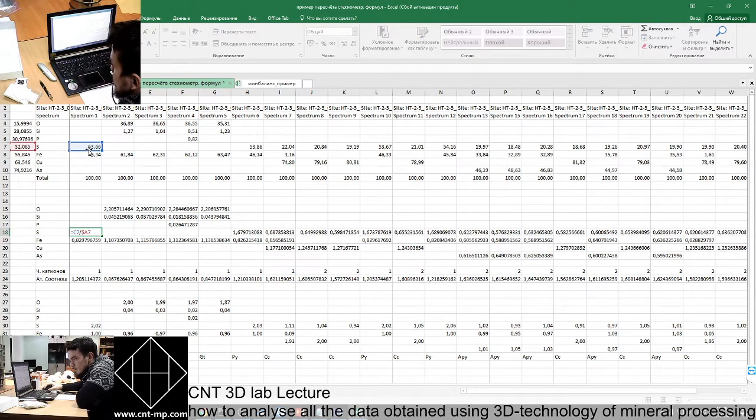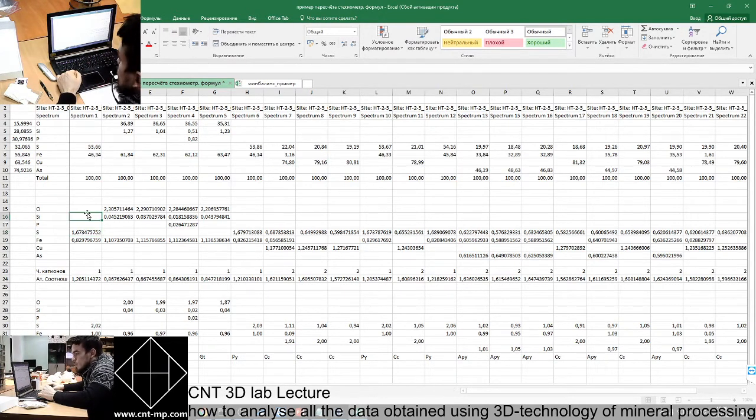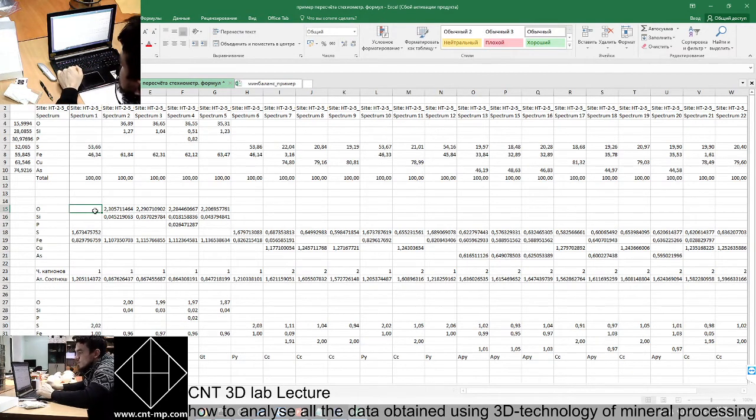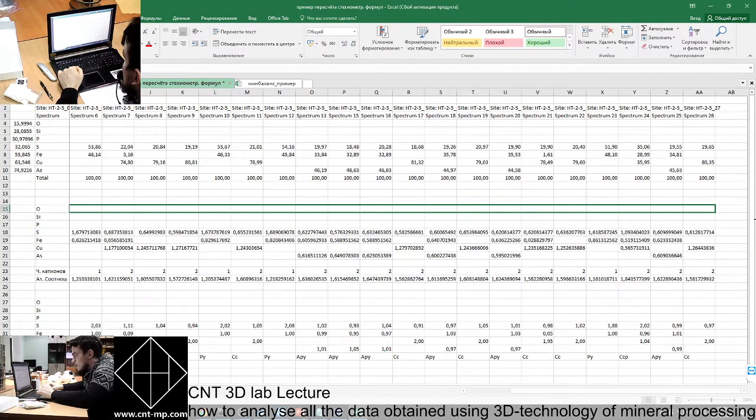So for example, sulfur: we divide the content of sulfur from pyrite by the atom mass of sulfur and receive a special coefficient. And we do that for each element, and as we use Excel, it is very simple to process a very big amount of data.